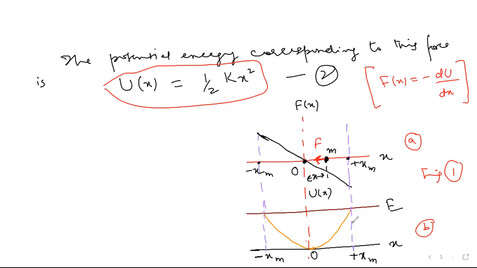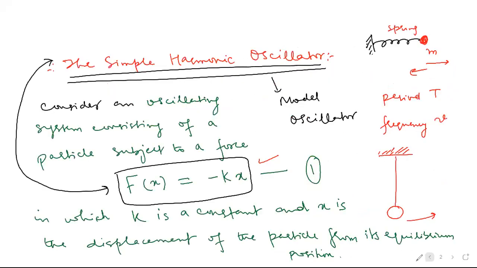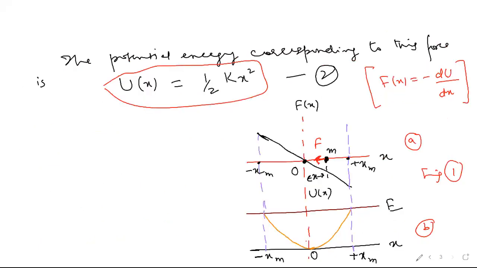You might have recognized these equations 1 and 2. They are simply the expressions for the force and potential energy of an ideal spring of force constant K compressed or extended by a distance x.